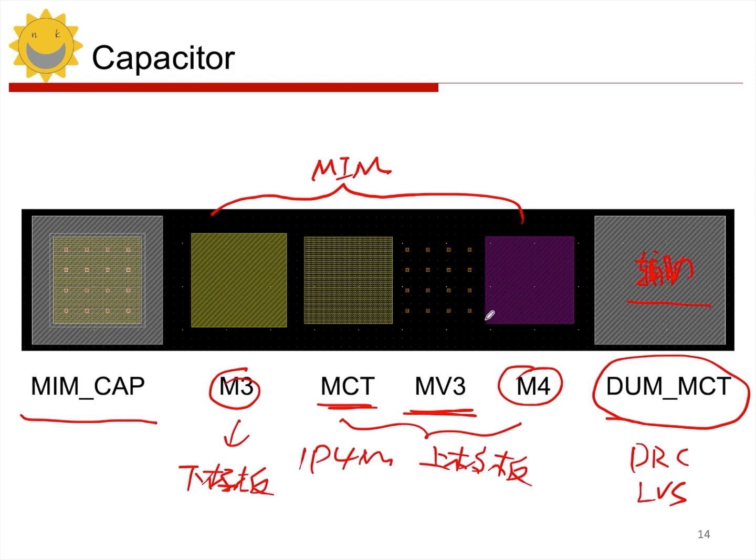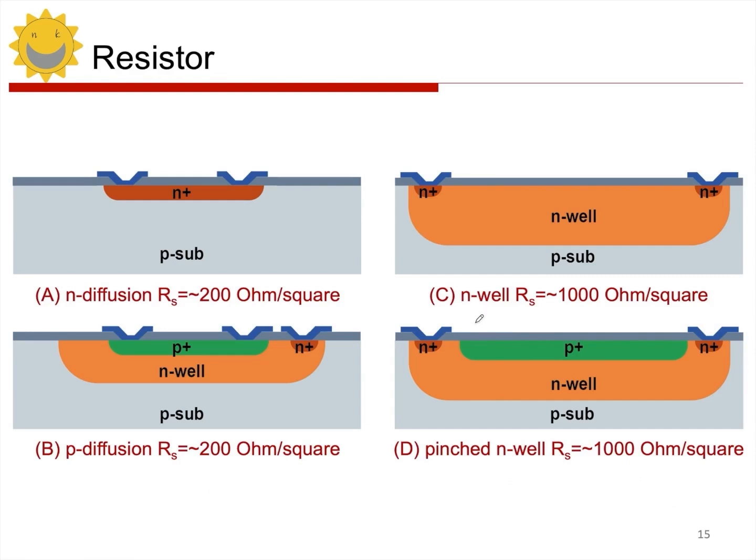So this is the capacitor. Well, finally, let's take a look at the resistor. As for the types of resistors, in the integrated circuit process, there are relatively many types of resistors, unlike the capacitor just now. Although there are PIP, MIM, and MOM, for the same process, it generally only provides one type of capacitor. You can't get PIP capacitors, MIM capacitors, and MOM capacitors all at once. That's not possible.